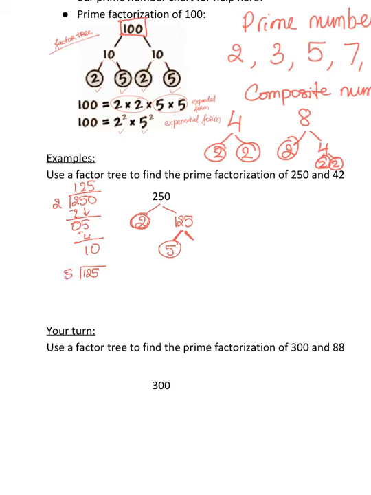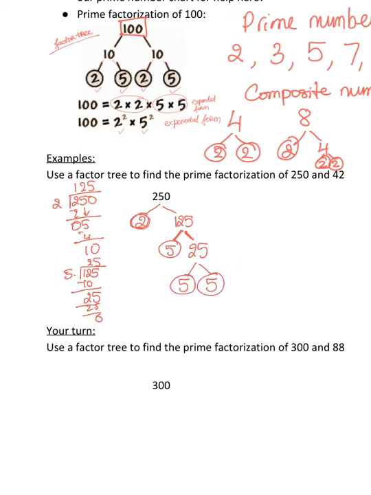5 times 25 is 125, so 25. And 25 is still a composite number, so I'm going to factor more. 25 is divisible by 5, and this is a prime number.